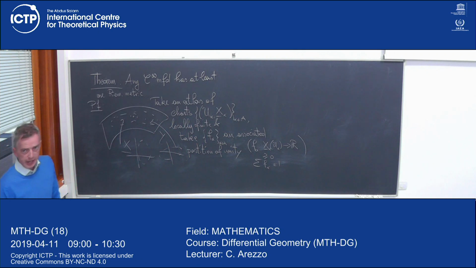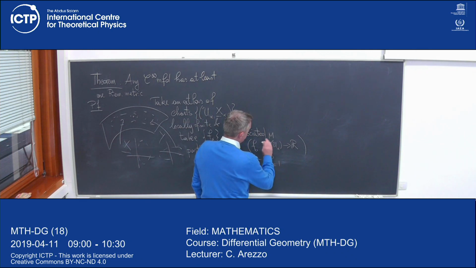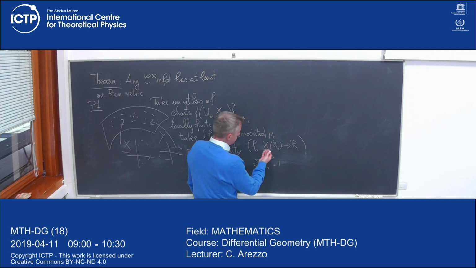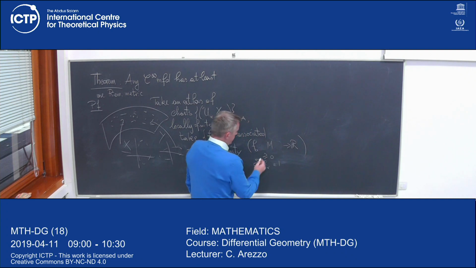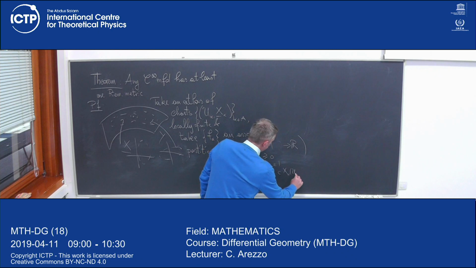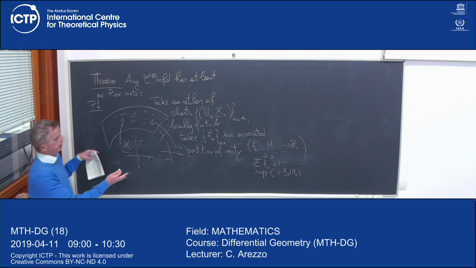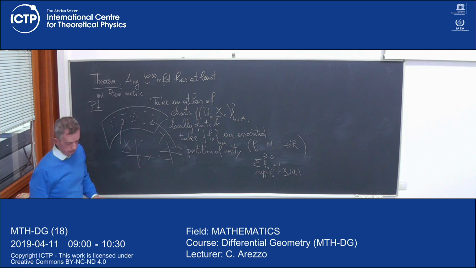I gave you a very refined version in terms also of the supports. In fact, every F alpha is a function from M to R, but the support of F alpha is contained in X alpha of U alpha. So outside the chart that I'm looking at, the alpha chart, it is 0.